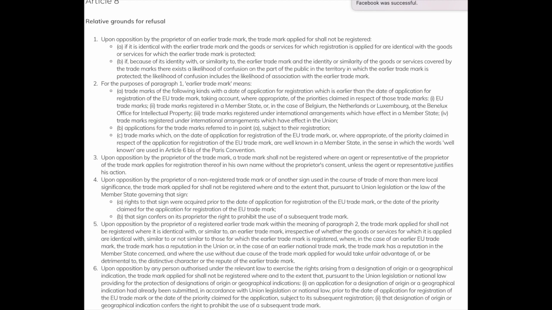And the national trademarks can also be a ground of opposition, which is normal, because if that trademark is, for example, in the German trademark office, Germany being part of the European Union, and it cannot be protected in Germany because it is confusingly similar, then it cannot be protected in the EU because it's a unitary title, right? So national trademarks can also be part of the earlier trademarks on which opposition can be grounded.